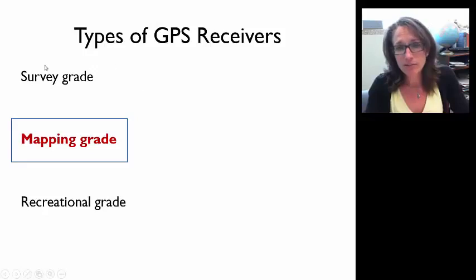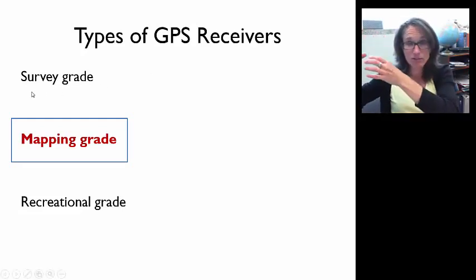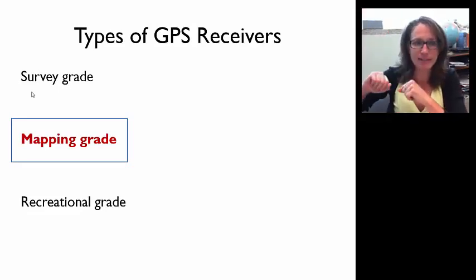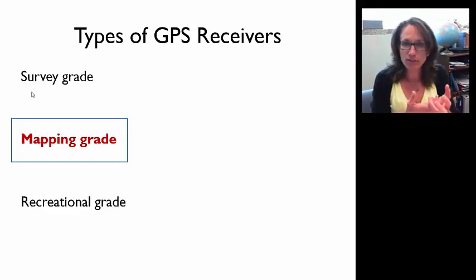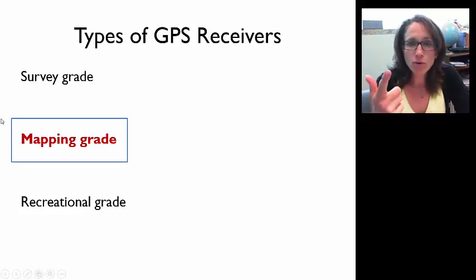Survey grade instruments are usually carrier phase, dual frequency GPS receivers, and often your antenna is separate, so you might see surveyors out and they've got an antenna on a pole. In the newer ones, the receiver is in where the antenna is, and then you have a controller that you hold that you communicate with the receiver with. So we're using mapping grade code phase GPS units.